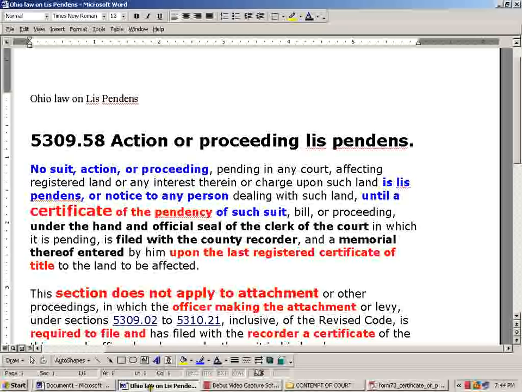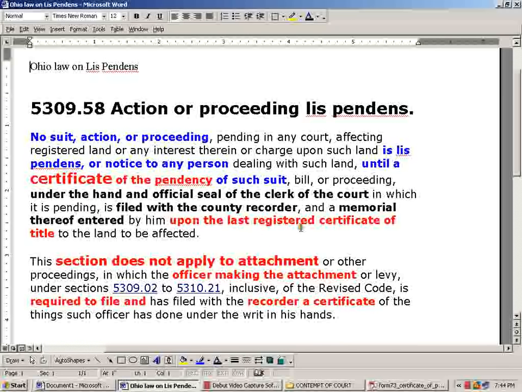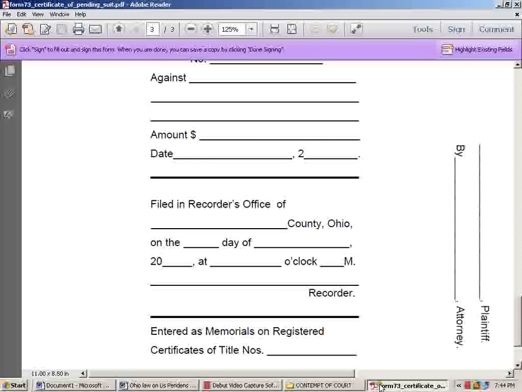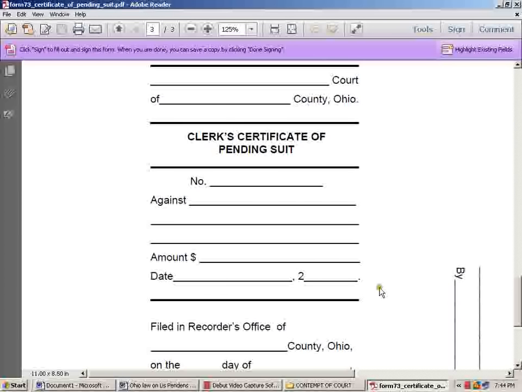Oh, we didn't do this yet. Ohio law. This goes kind of with this form here from Ohio, but let's see what the law says.